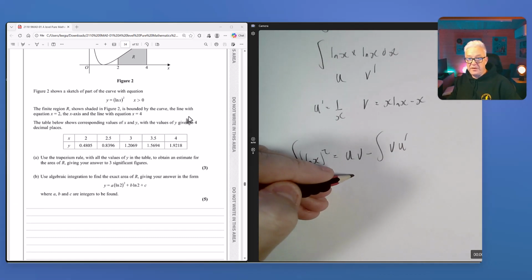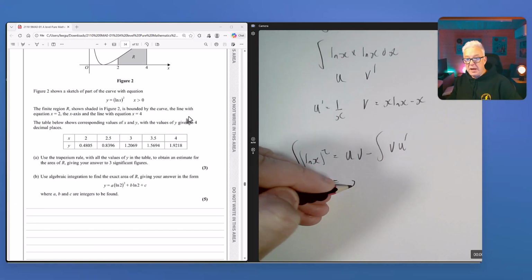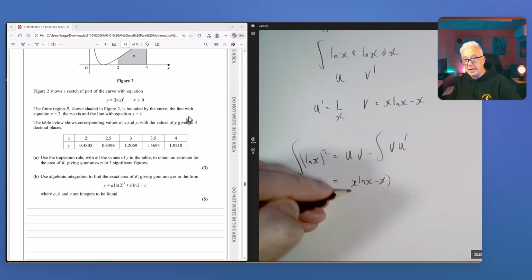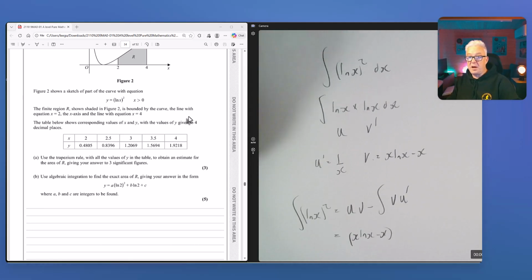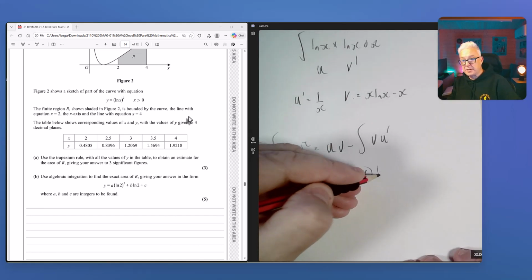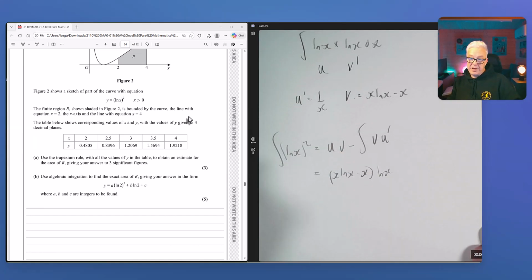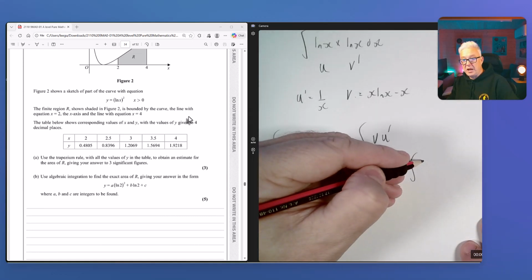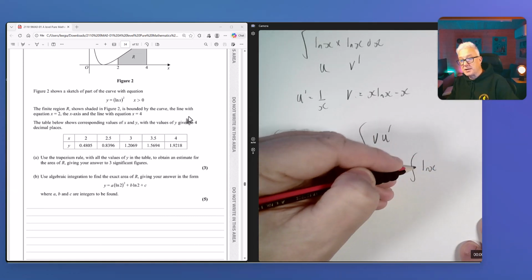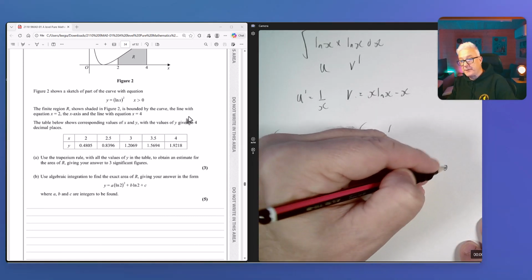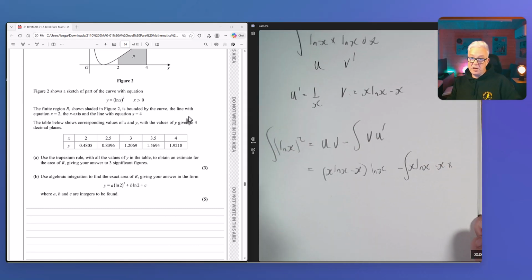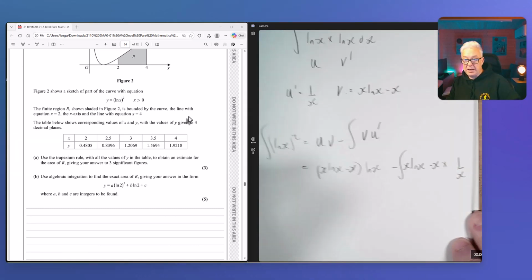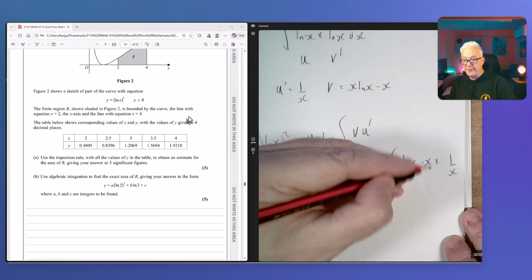So u times v is x ln(x) minus x, that's our v, times our u, which is ln(x). So we have (x ln(x) minus x) times ln(x), minus the integral of v, which is x ln(x) minus x, times our u', which is 1 over x. So that whole thing gets multiplied by 1 over x.